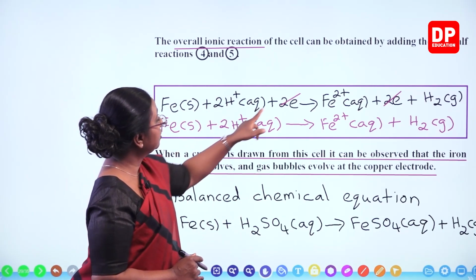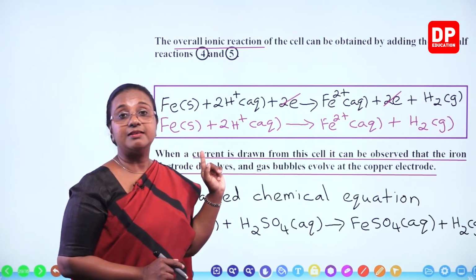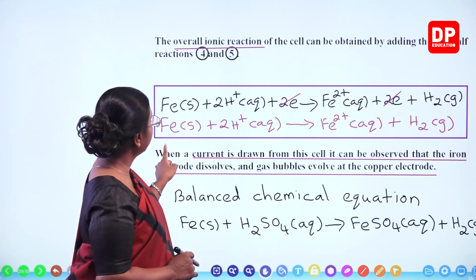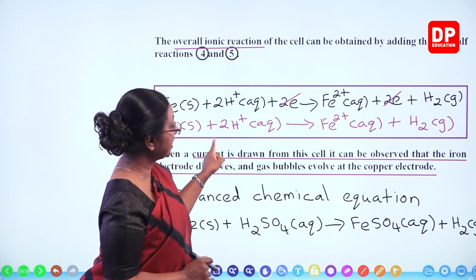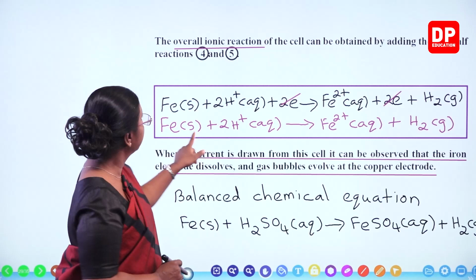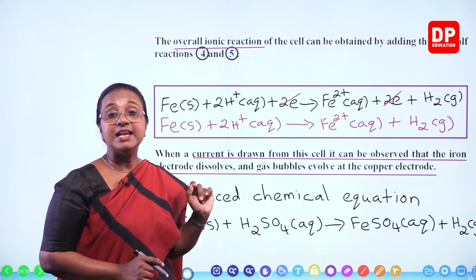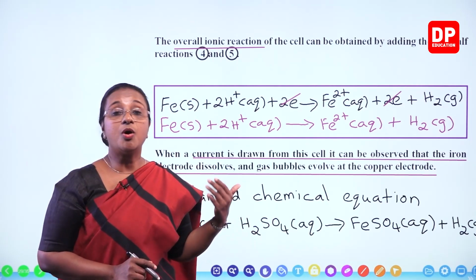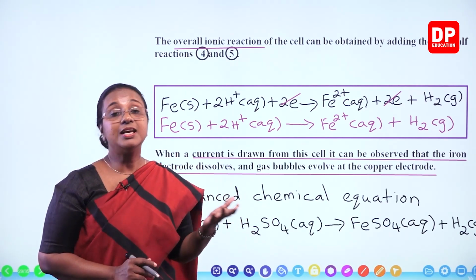But you can cancel off the 2 electrons from either side. Then we get the equation as Fe solid plus 2H plus aqueous giving rise to Fe2 plus aqueous and H2 gas. That is the overall ionic reaction, or the electrochemical reaction, or the balanced ionic equation.